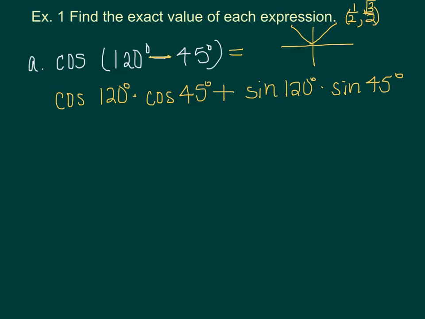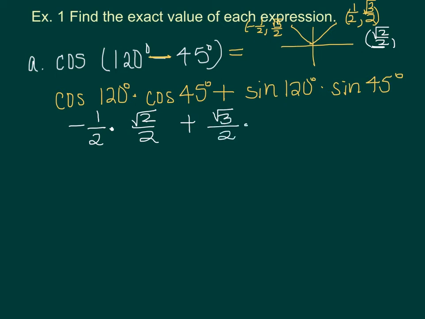But over here, the difference is it's negative. So cosine of 120 would be negative 1/2 times cosine of 45, that's square root of 2/2. Plus, now you do sine of 120, that's square root of 3/2, but it's positive, times sine of 45.